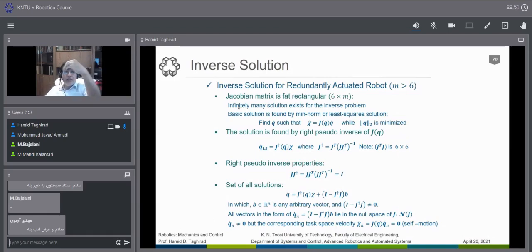I can be here with different configurations. The end point could be fixed here, and the joint space could be different. And this helps us to increase the dexterity and to do some other work.